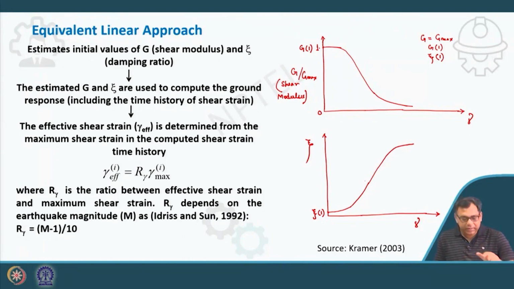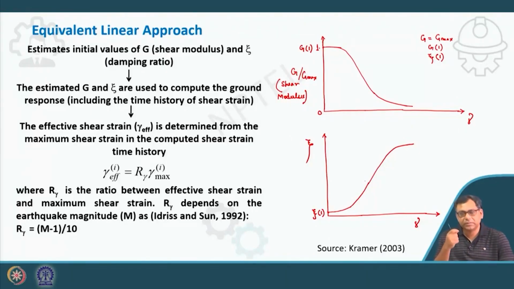So you will get the response, and from there you can get the strain at any point, you can get the shear stress at any point, because you have assumed a shear modulus and the damping ratio. And if it is the damped case, then you will put the damping ratio there, and you will get those responses. So we compute the ground response including the time history of the shear strain.